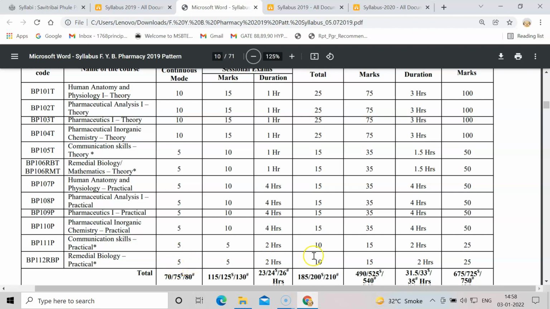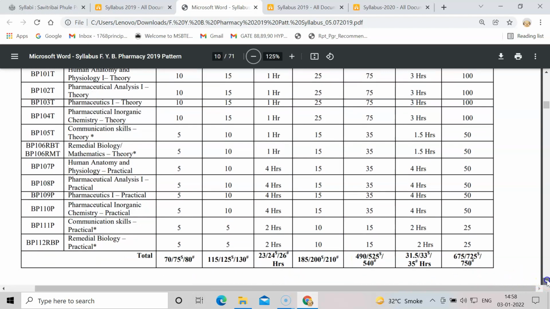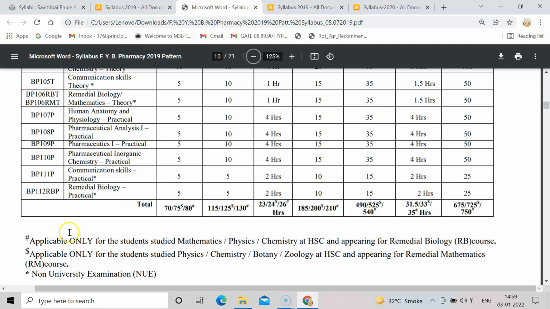Now see the total of examinations. Before that, I will tell you that the hash sign indicates that this was only for the students who had mathematics, physics, chemistry at HSC and are appearing for remedial biology.